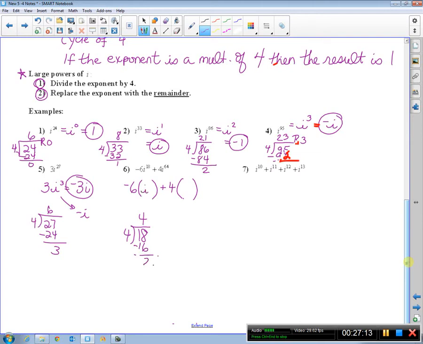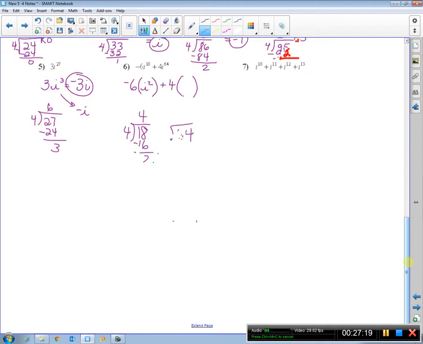So that's i squared. 64 divided by 4. 64 goes in 16 times. There is no remainder. So this is i to the 0.